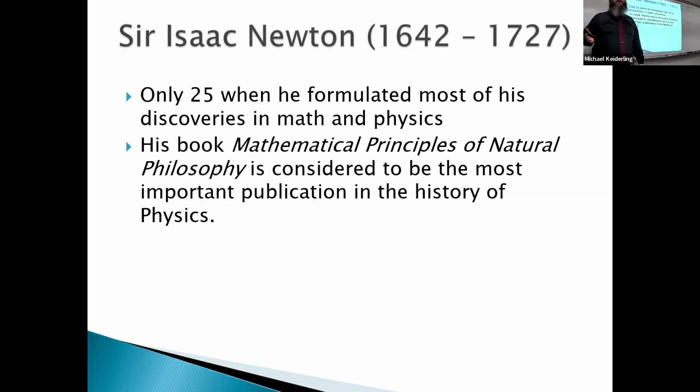Now, Sir Isaac Newton was only about 25 when he formulated most of his discoveries in math and physics. And then he waited a decade or two to publish them. His book, Mathematical Principles of Natural Philosophy, is in many ways considered one of the most important publications in the history of physics.